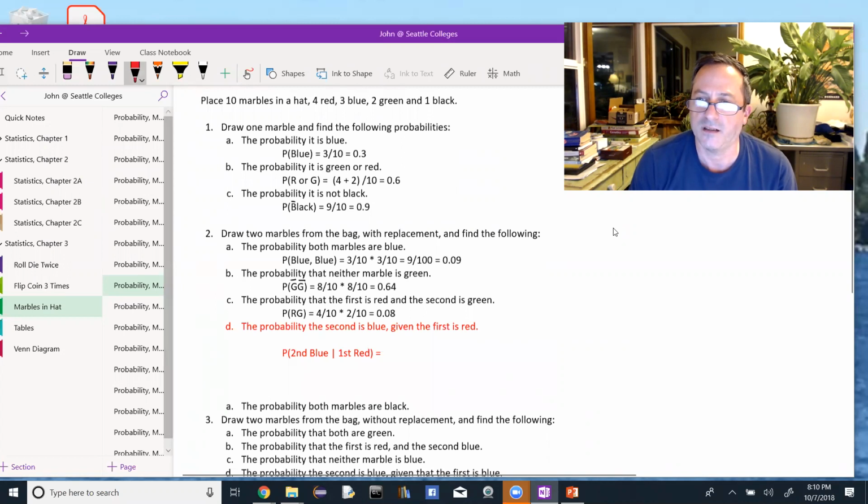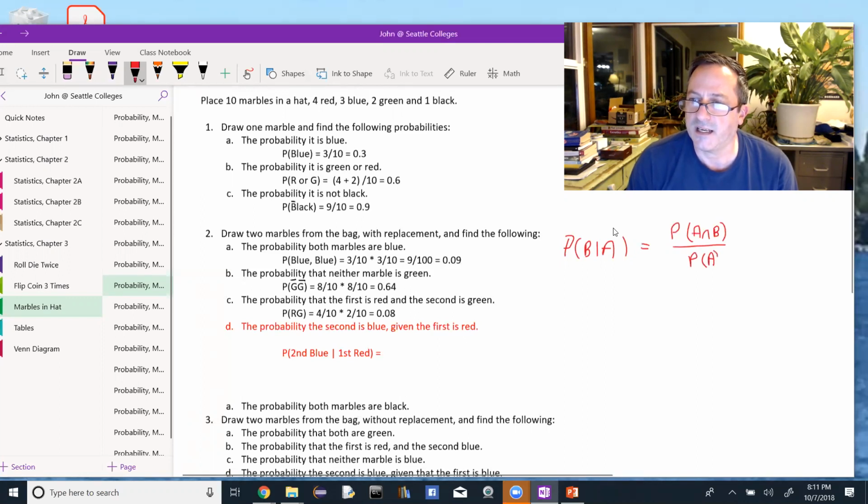The probability of B given A is equal to the probability of the intersection, A intersect B, divided by the probability of A. So in this case, A is that the first one is red, and B is that the second one is blue.